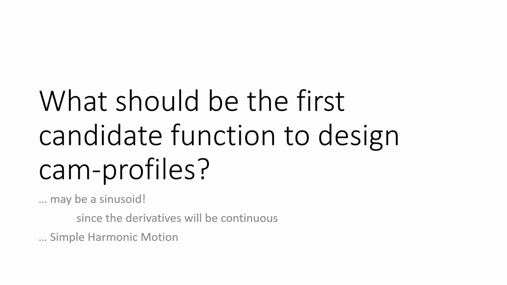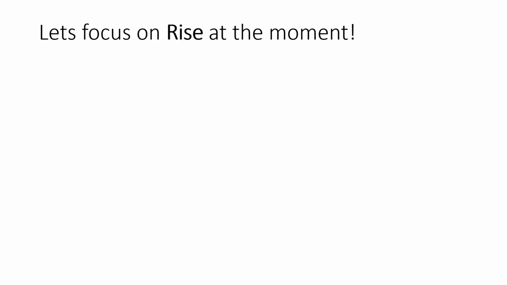Let's proceed. In the start, we're going to focus only on the rise function. This rise function, as described earlier using the sinusoid, is going to take probably this shape, cos of theta, where theta is the angular displacement of cam, and s is the movement or the displacement of the follower.